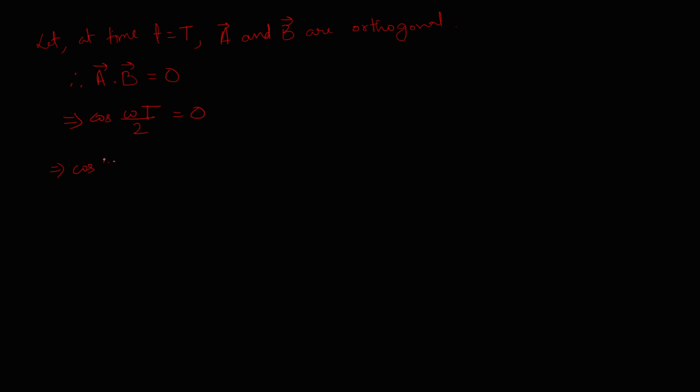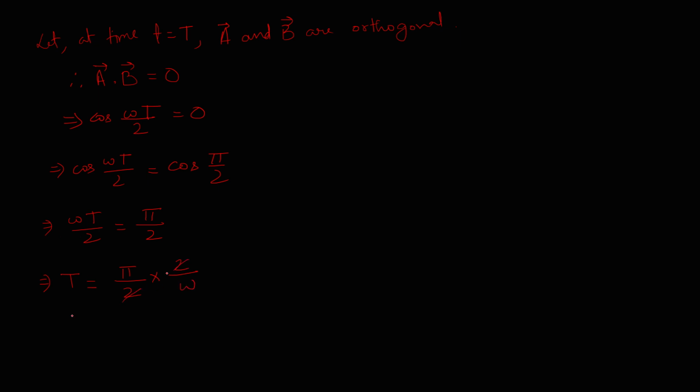So cos of omega capital T by 2 is equal to cos 90. In pi terms, I can write cos of pi by 2. That means omega capital T by 2 is pi by 2. So capital T is pi by 2 multiplied by 2 by omega.